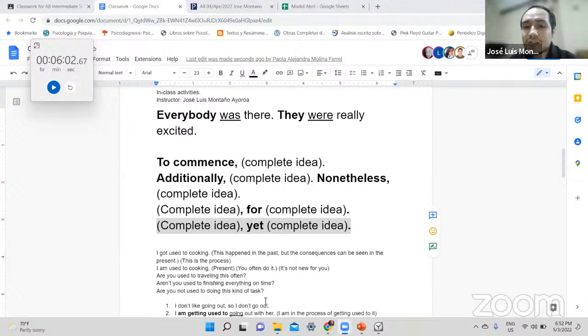If you say "not yet," it means something different. It means it didn't happen, but it's going to happen. But here, "yet" is not that meaning, Wilson. Here, "yet" means however, but, in contrast. Again, if you say "not yet," it's okay, but it's not the same meaning, and it's not the best structure.